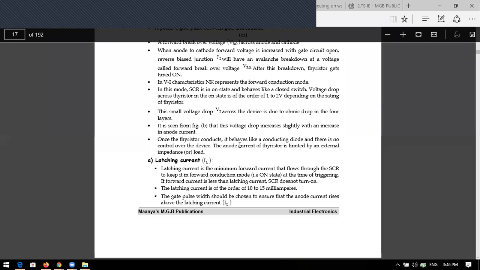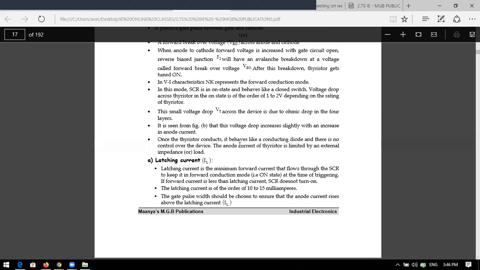Okay, is it clear? In the forward conduction mode, as you increase the gate voltage or gate current, either of them, it will turn on quickly and go into the forward conduction mode.